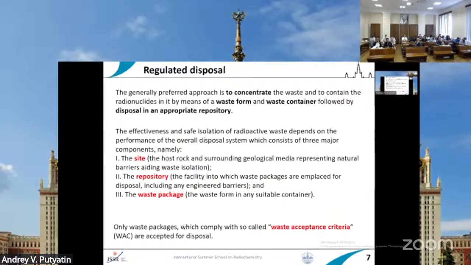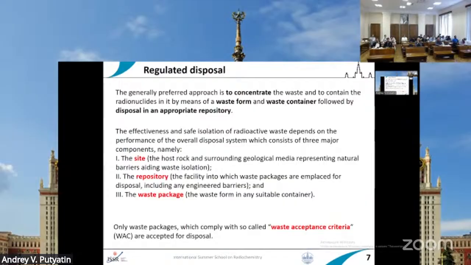And the effectiveness and the safe isolation of radioactive waste depends on three main parts. It is the site that we choose for our disposal, the characteristics of the repository, the building or construction, and the waste package. And the waste package is the waste form itself and the container of this waste form.